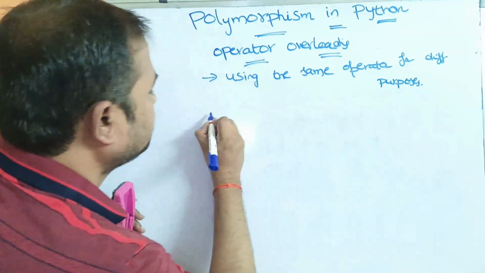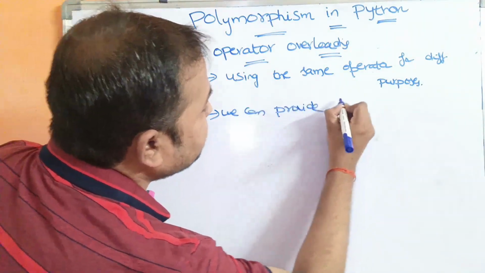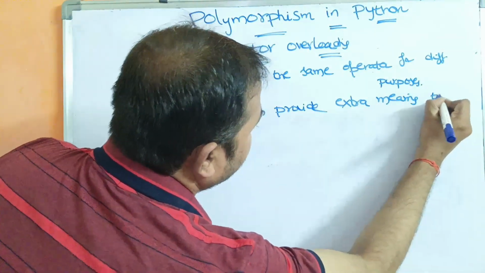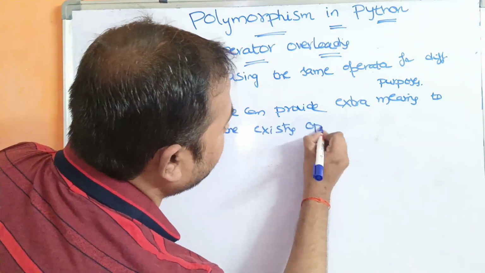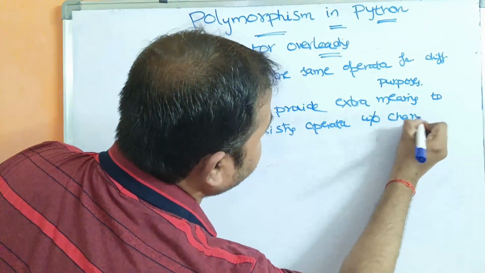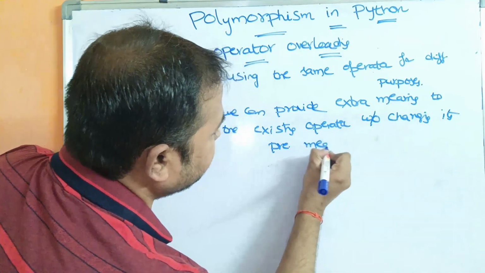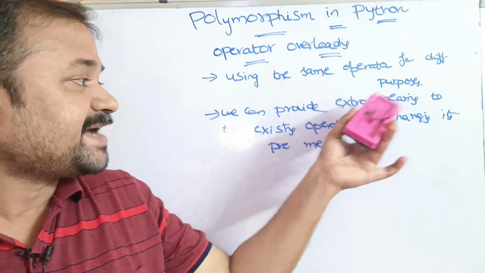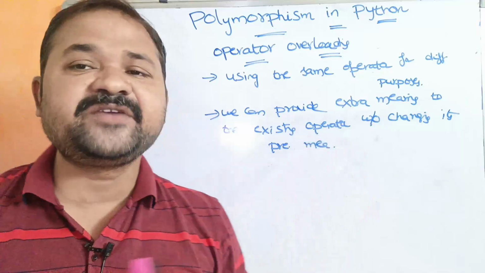That is, we can provide extra meaning to the existing operator without changing its previous meaning. So this is the definition. Operator overloading means we can provide extra functionality to the existing operator without changing its previous meaning.